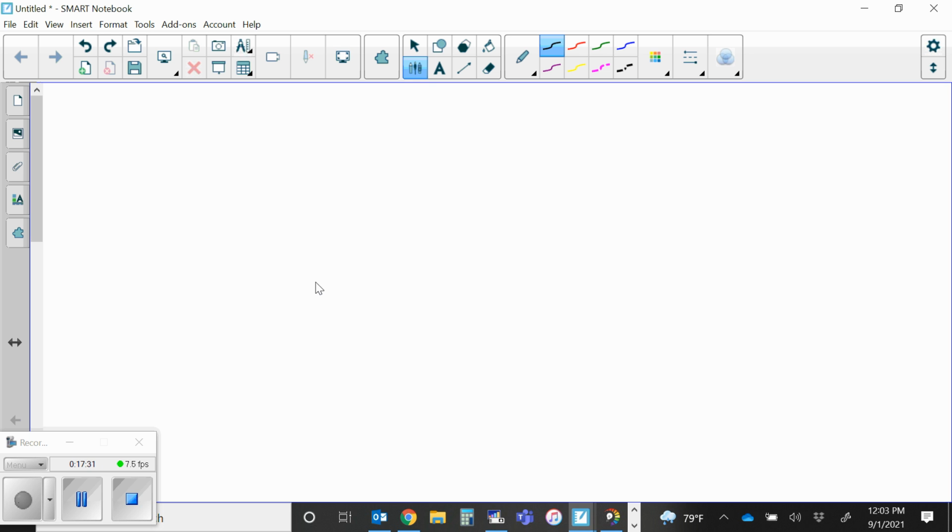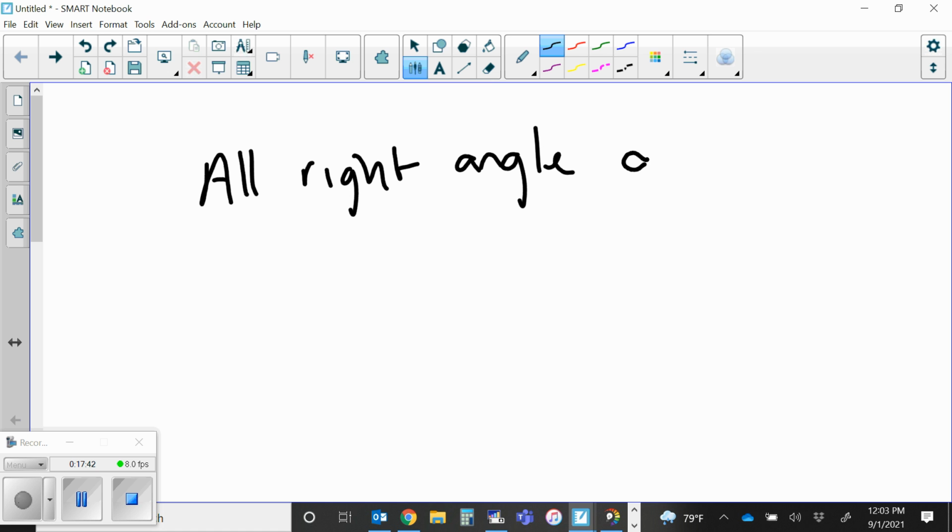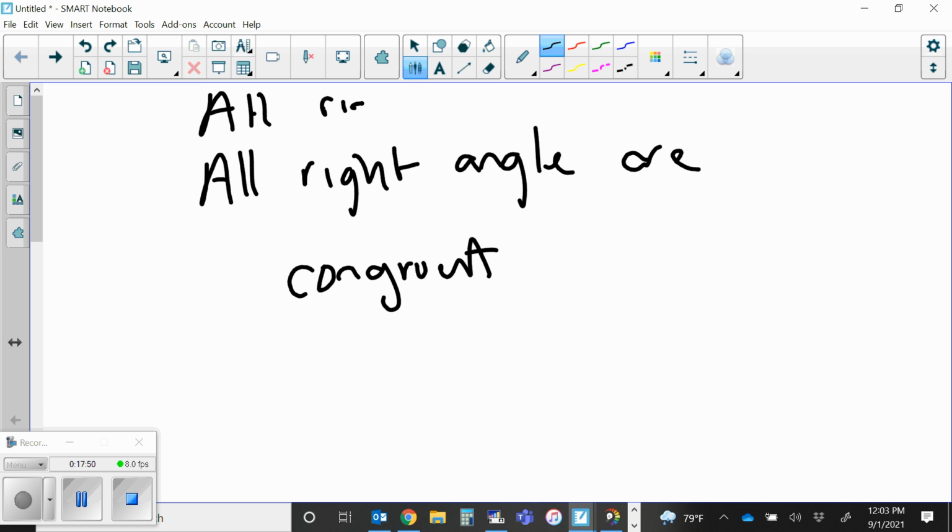All right, this is called the All Right Angles Theorem. It's very simple. All right angles are congruent. That is called the All Right Angles Theorem.